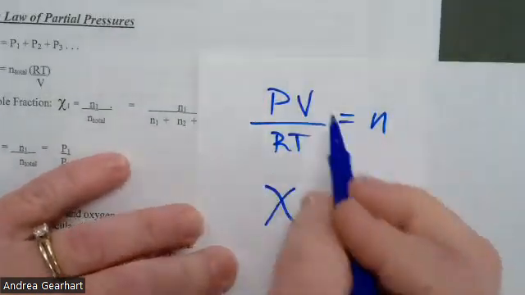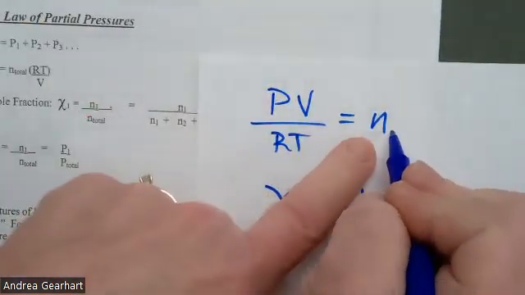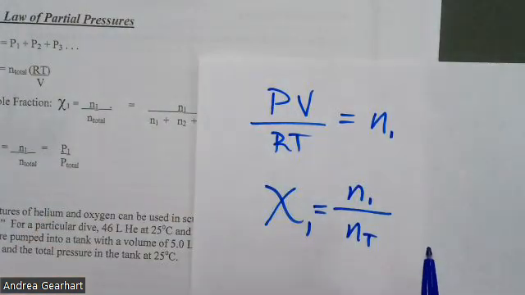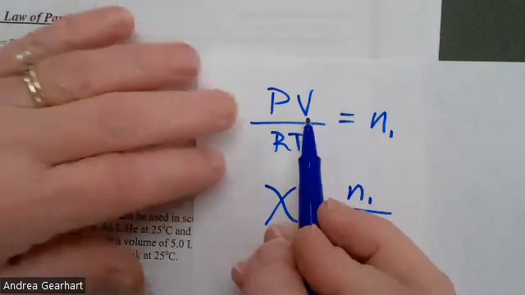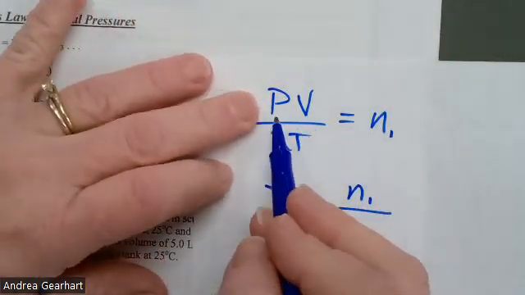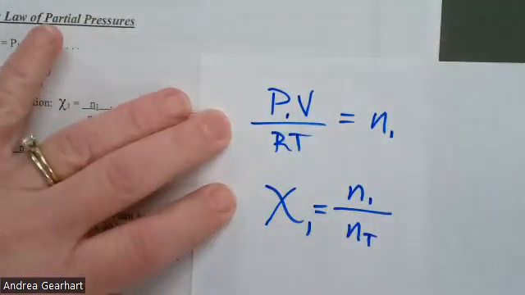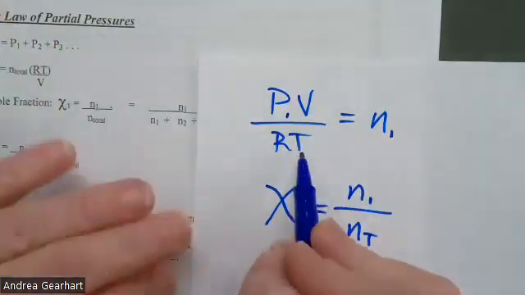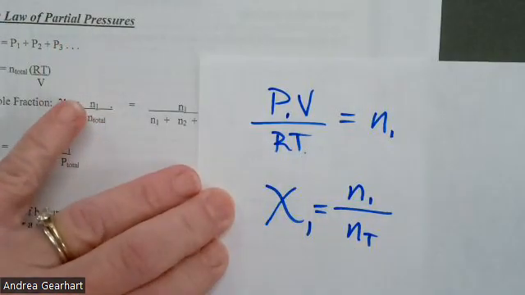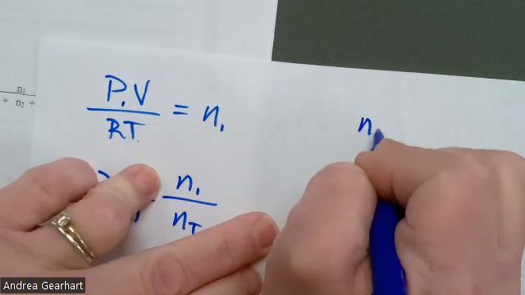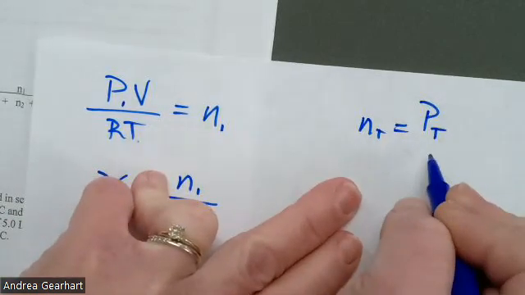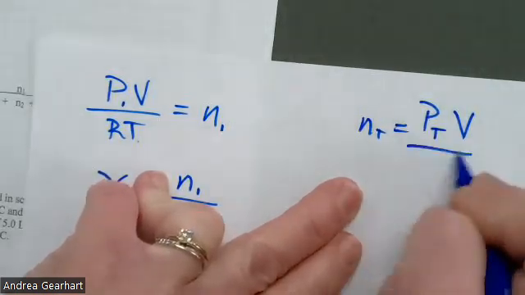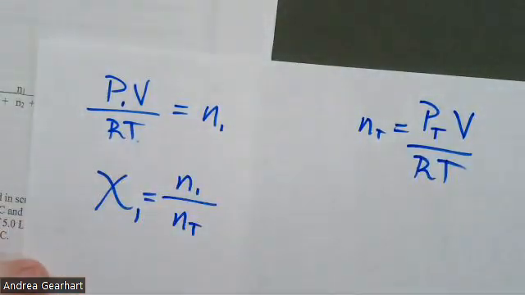Couldn't I say, if I'm looking for moles of gas one, if it's all in a mixture, they'll have P1 and then total volume the same, total temperature the same. And if I'm looking for total moles, wouldn't it be total pressure times overall volume divided by RT?